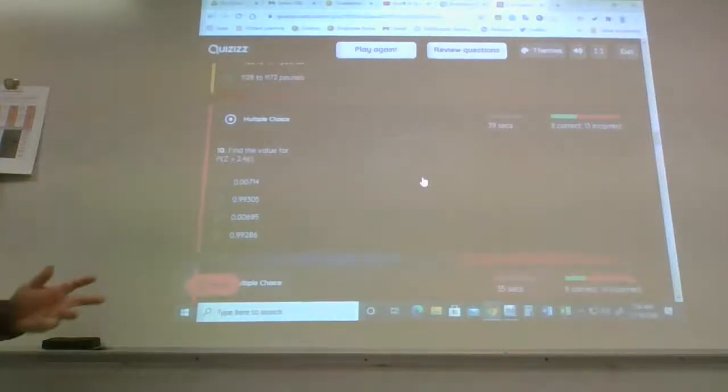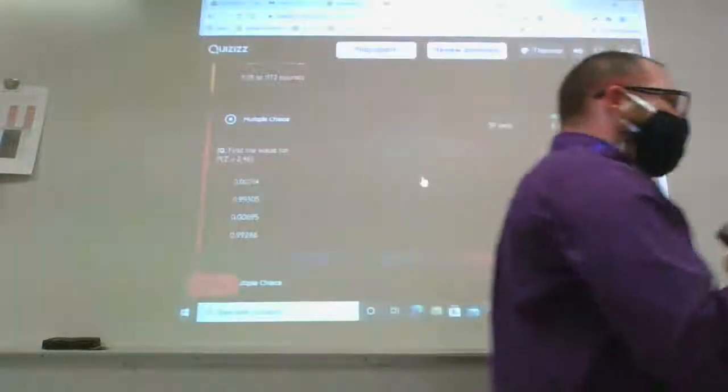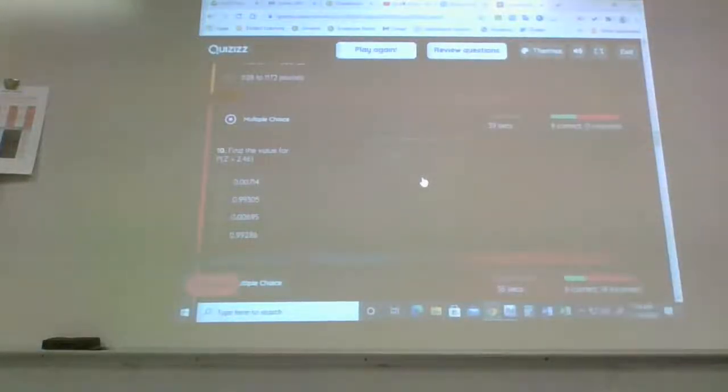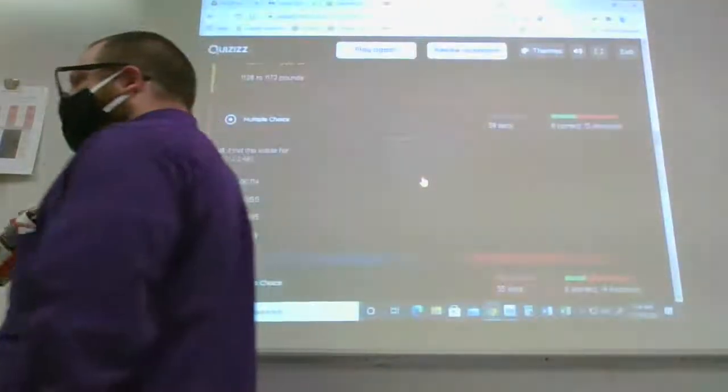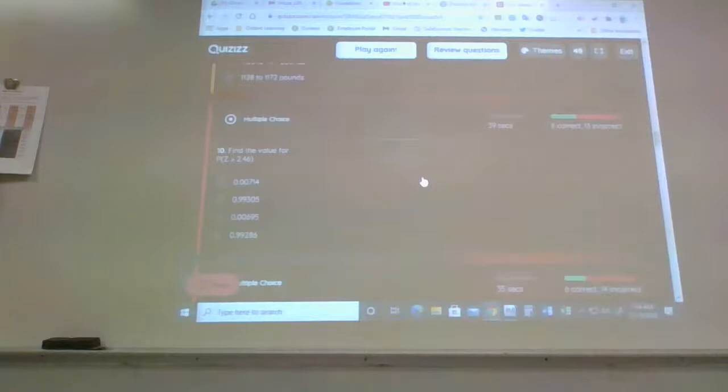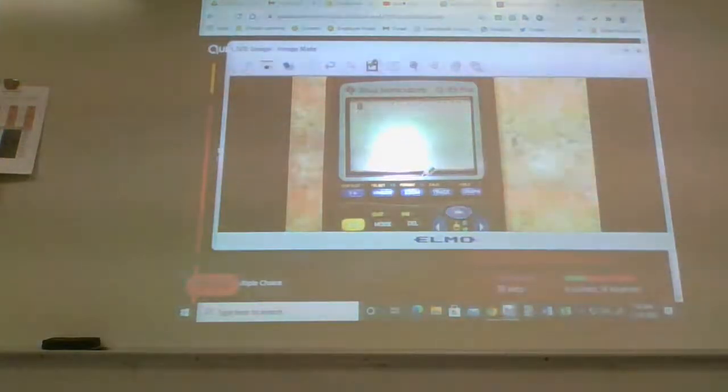The normal distribution can act as a probability distribution. The idea being, what are the chances that I pick a subject at random from this normal distribution, and it gives me a z-score that is 2.46 or greater. Like I said, my calculator may not be the exact same as yours, but it's the same concept. 2.46, comma some big number.